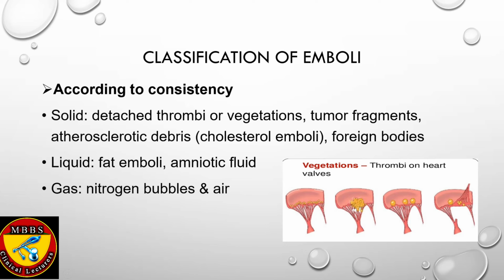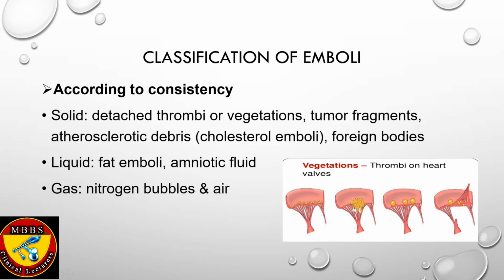What are vegetations? You can see in this picture, these are the heart walls, and here the yellow colored areas are the vegetations. Vegetations are blood clots or thrombus present at the walls of the heart. These vegetations present on the heart walls can also detach and cause embolism.